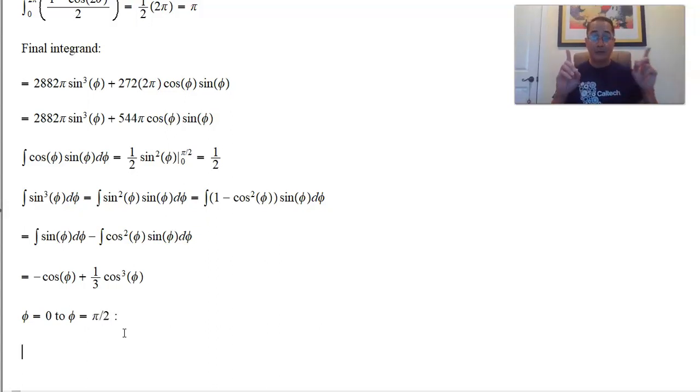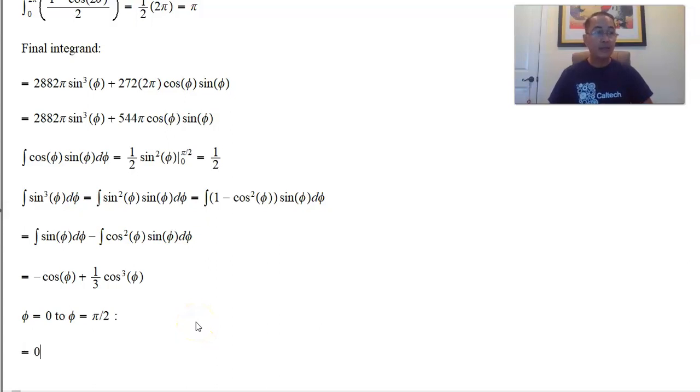Be very careful with the cosine, because cosine of 0 is 1, not 0. That is where 99% of the mistakes happen whenever you see a sine cubed in your integral. At pi over 2, cosine of pi over 2 is your 0.